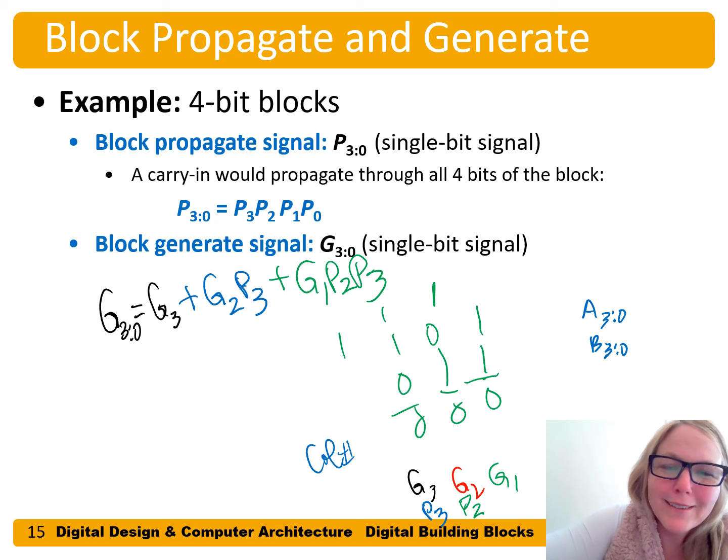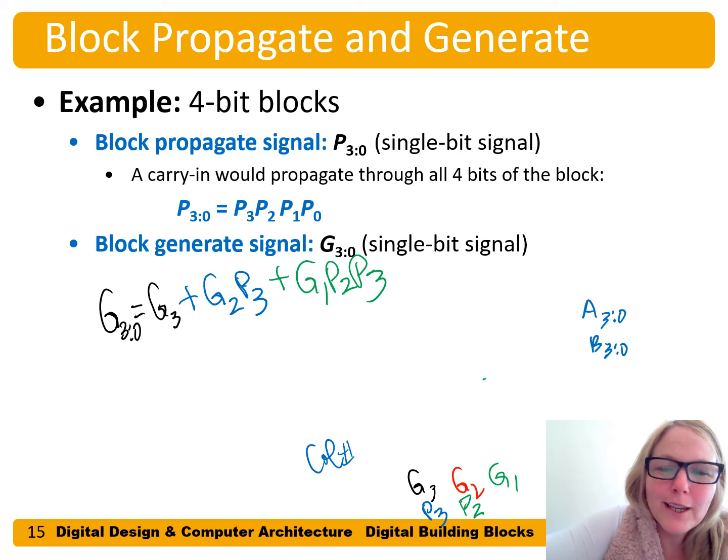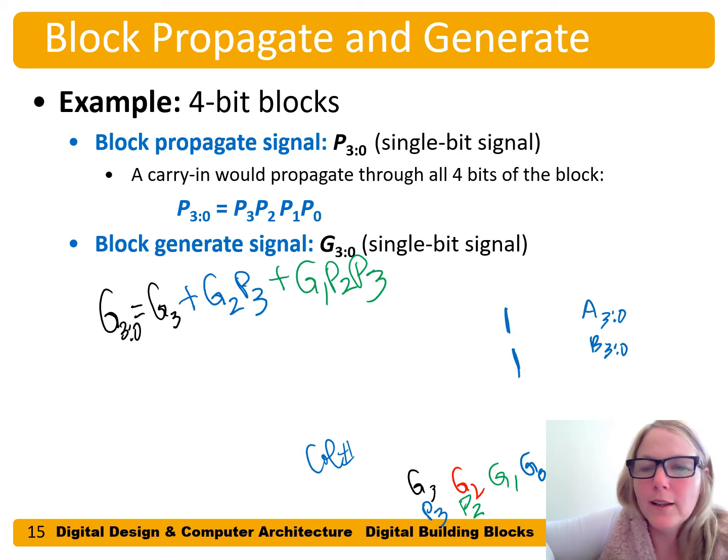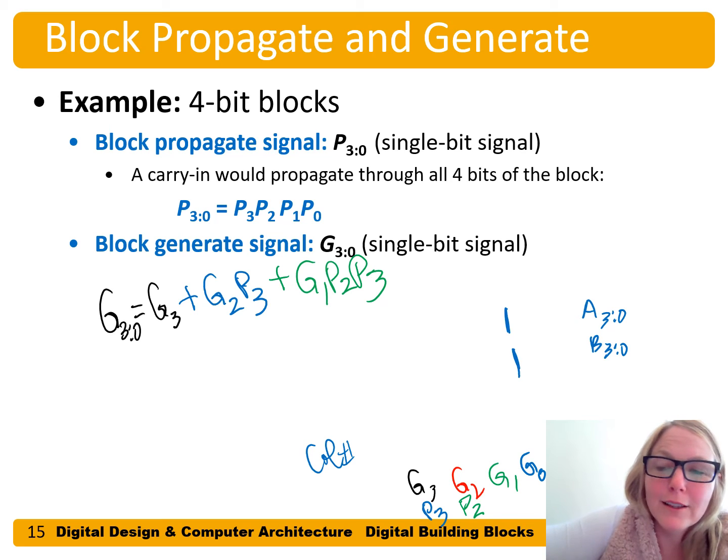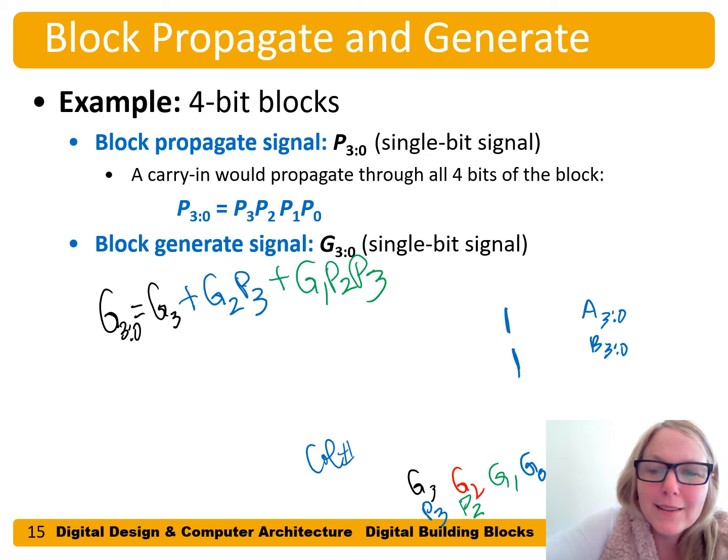Okay, so at this point, you can guess what the last case is. Well, what if we generated in column 0? So we have a 1 on A sub 0 and B sub 0. So we generate in that column. Well, in order for that carry to get all the way to the output, it has to propagate, right? We know we're going to generate a carry in that column.